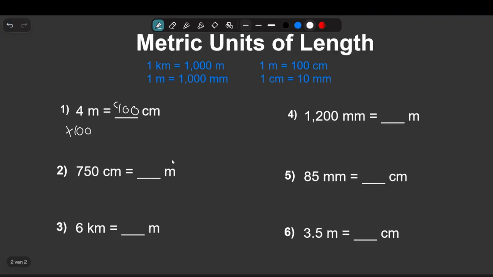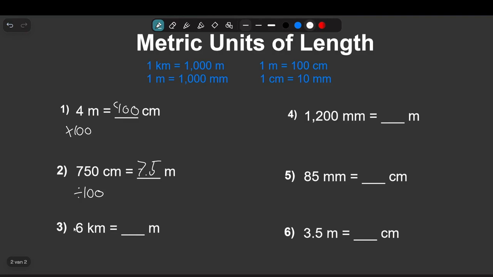And centimeters is a smaller unit than meters, so now we're going to divide. We're going to divide 750 by 100, and this will give us the answer of 7.5 meters. So this is very easy if you just know the basics of how to convert metric units of length, but let's still go to our last 4 examples.